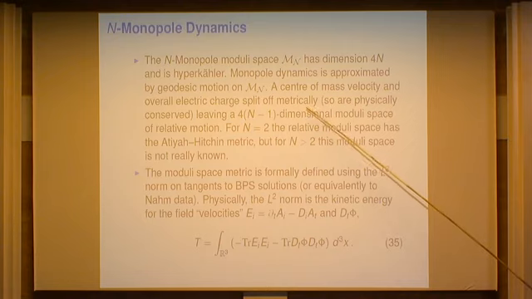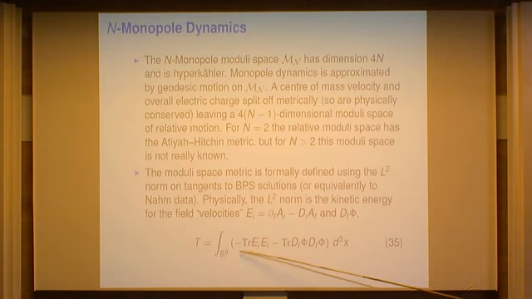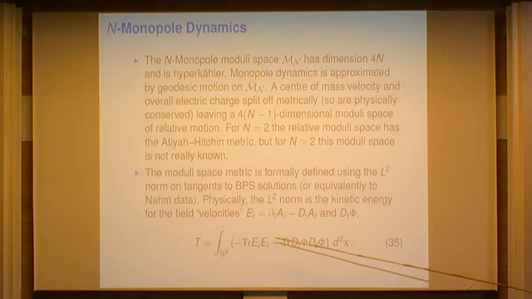So how do you understand some aspects of this moduli space? Well, formally, it's defined physically using the kinetic energy of the field theory. So this is the electric field, this is the covariant time derivative of the scalar field.